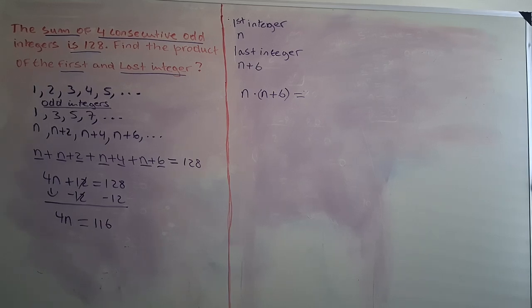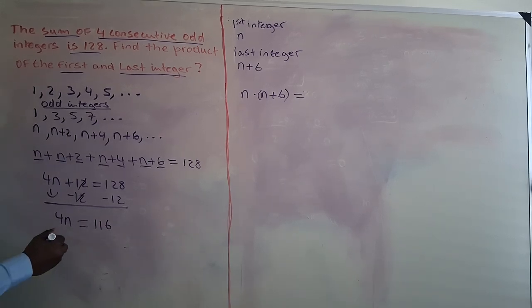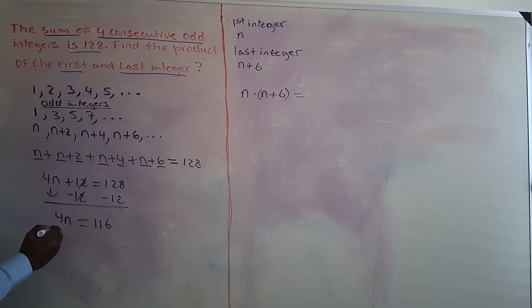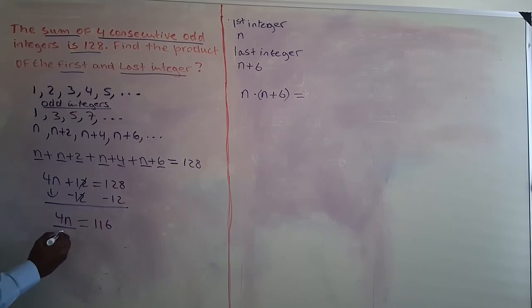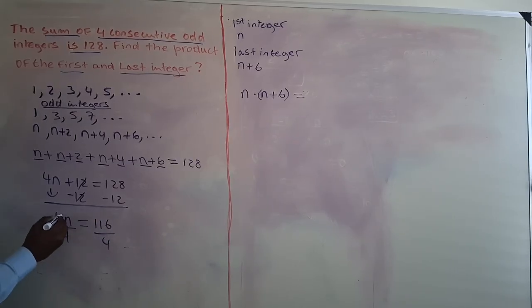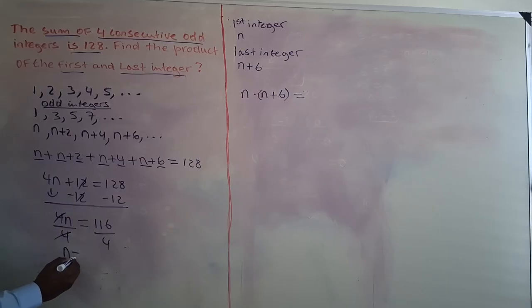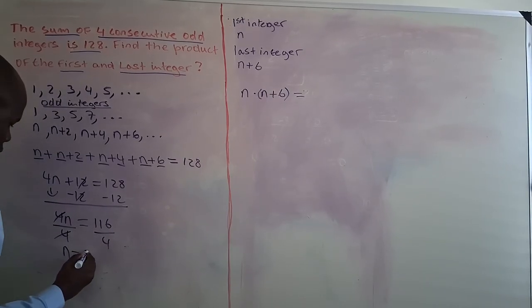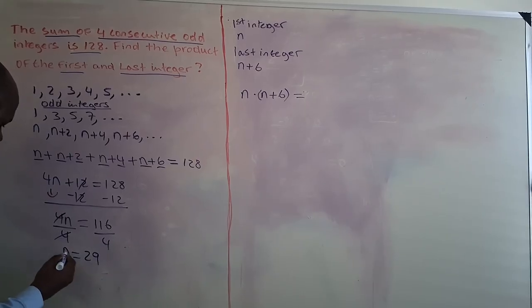Now we're gonna divide 116 by 4 on both sides, right? 4 and 4 cancel out, then we get n equals 116 divided by 4, which gives us 29. n equals 29.